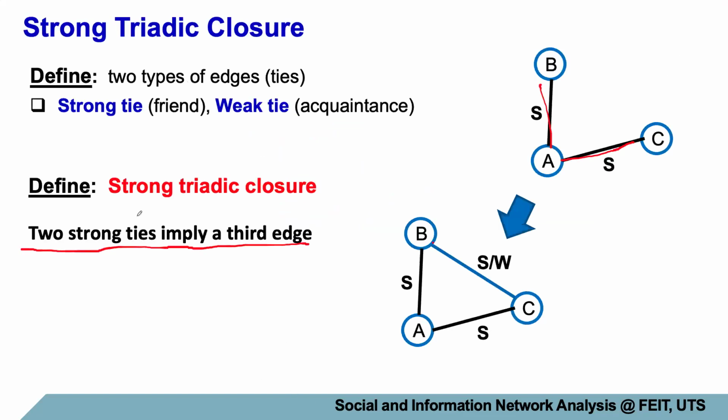So see, the triangle closure is like this, right? If a node has two strong ties, then there must be an edge between these two nodes. Is this clear for you? This is strong triangle closure. Okay.